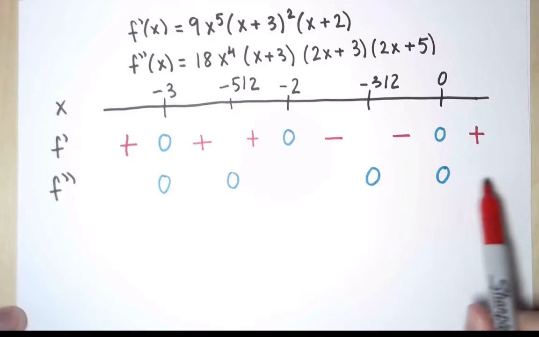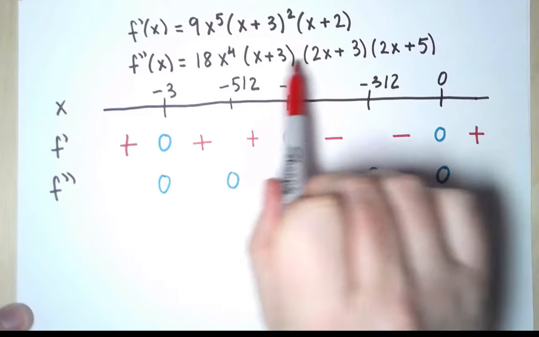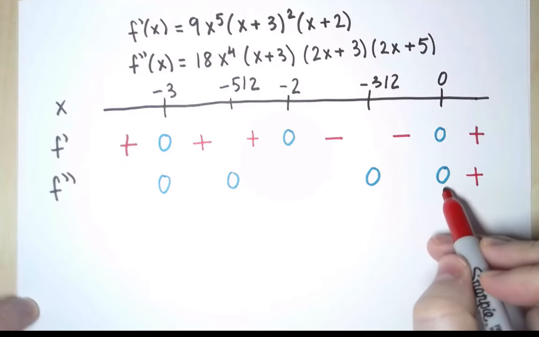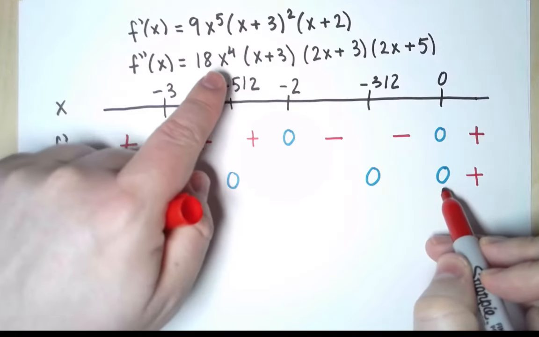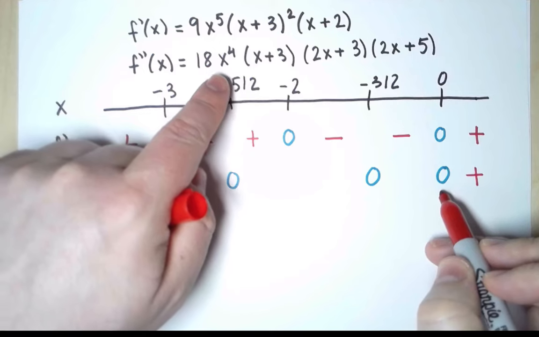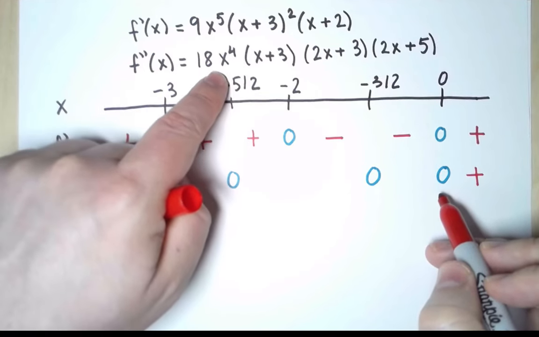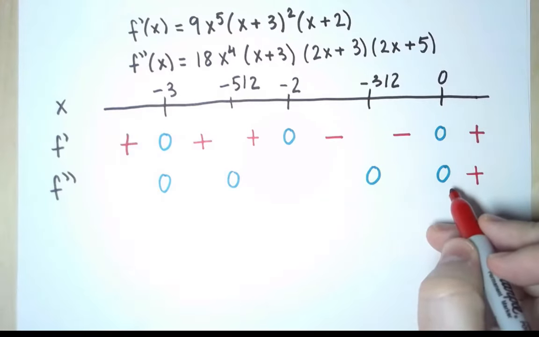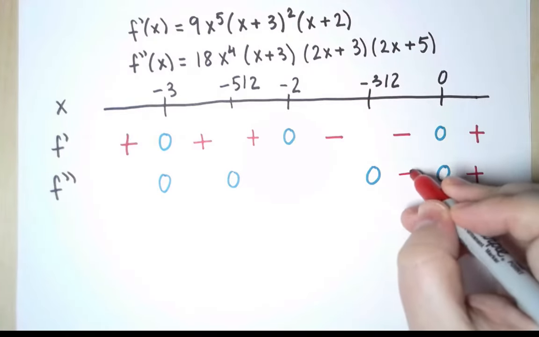For very large values of x, this expression is positive. At 0, the term that vanishes is x to the 4th. X to the 4th, because of the 4 in the exponent, doesn't change sign from the right to the left of 0. So the product won't change sign either.